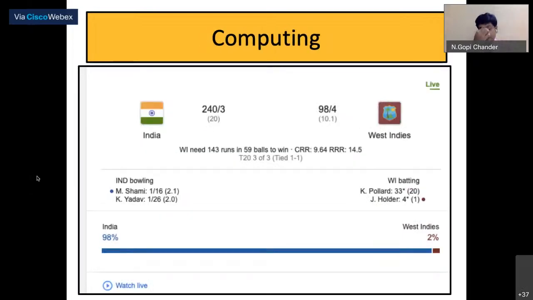The most important understanding here in terms of augmented reality or artificial intelligence is computing. So what is this? The majority of us keep following the matches. You can see these statistics displayed on your phones or on Google's platforms. The minute someone bowls, they give you a prediction of which country is going to win, X or Y, and the stages in terms of the status of the result of the match. All of this is happening through computing.